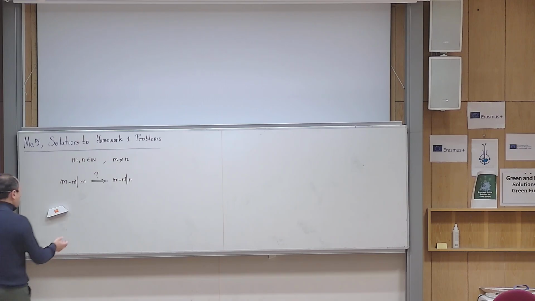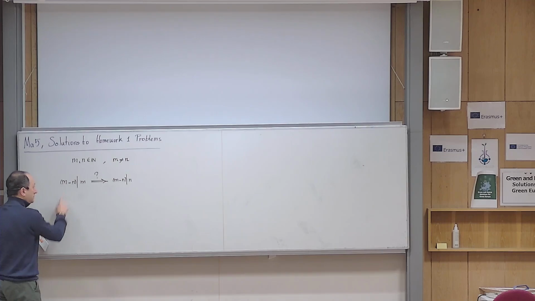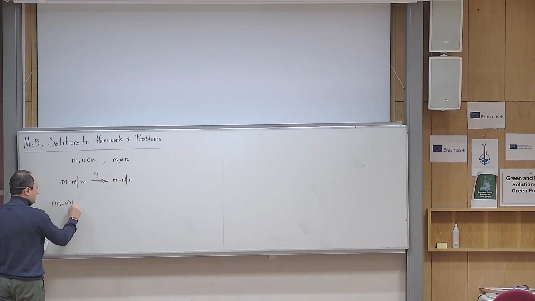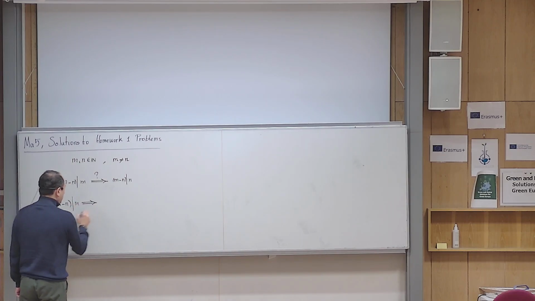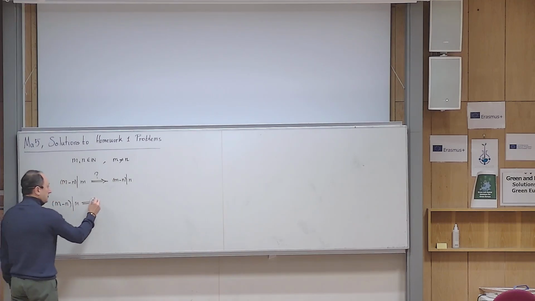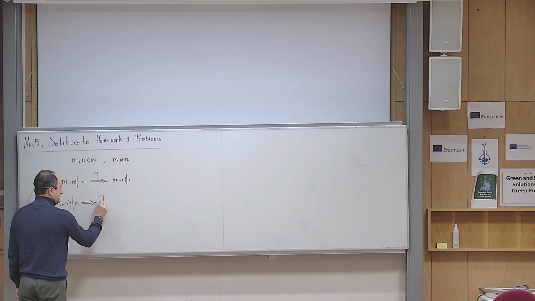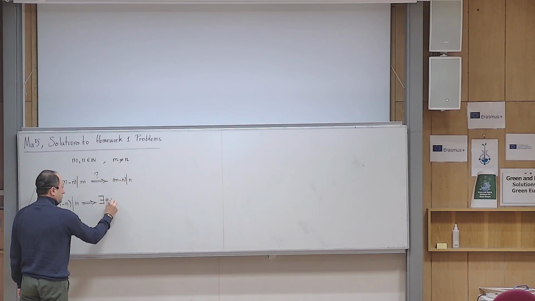So there's only one thing we can do, and that is using the definition of divisibility. You are telling me that m minus n divides m. According to the definition of divisibility, I can grant the existence of an integer q.